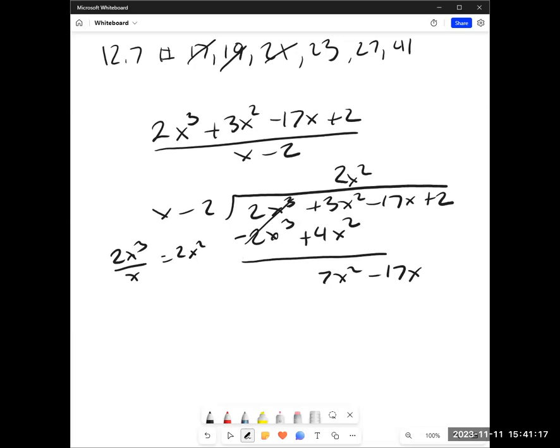Then bring down your next term. Take the leading term divided by the leading term. Change my signs and add.